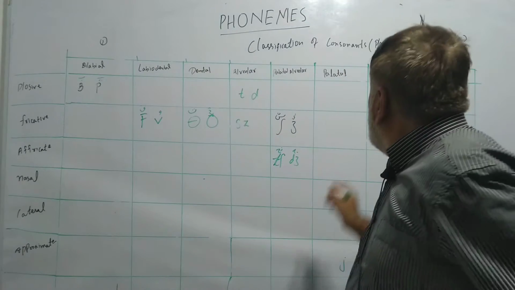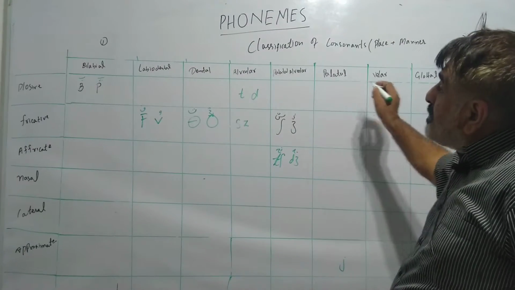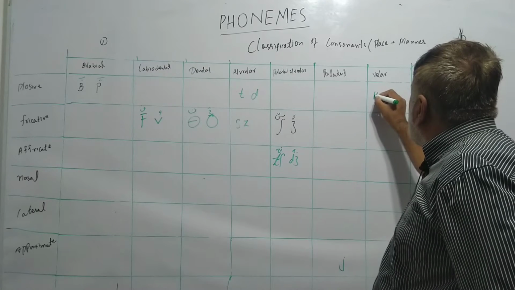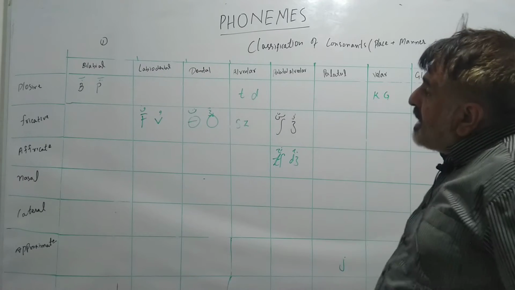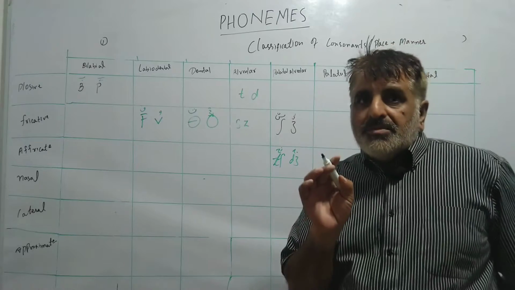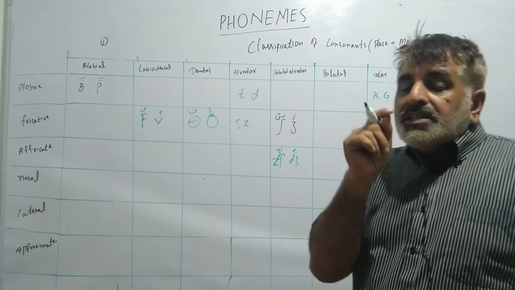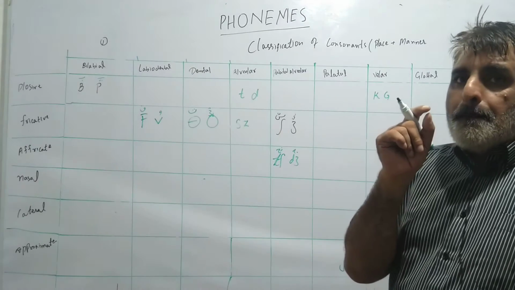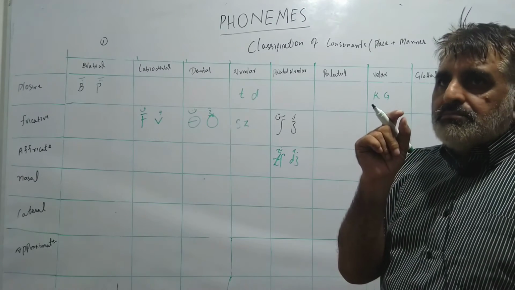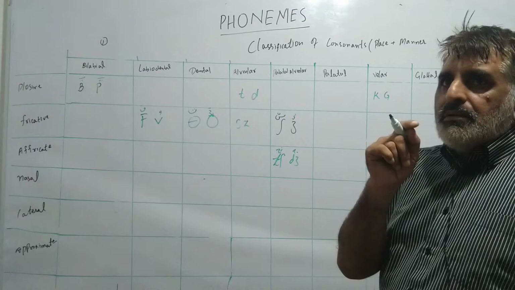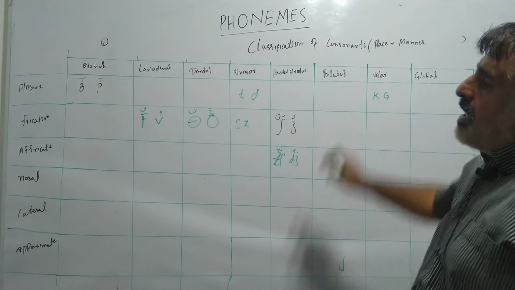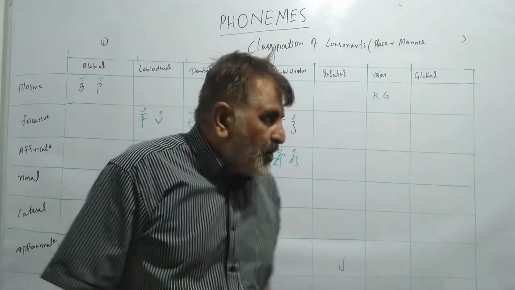The place of articulation is velar, ka and ga, but the manner of articulation is plosive, because they are produced with the sudden release of sound. So these are velar sounds as well as plosive sounds.